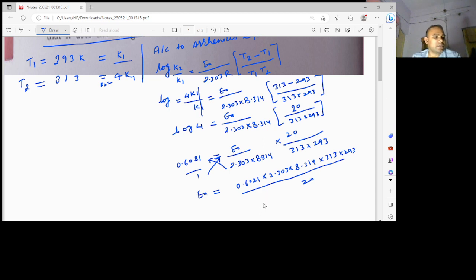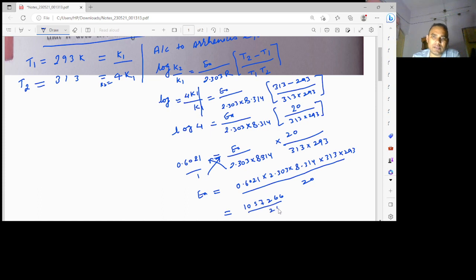Now let us see the calculation. The numerator comes to 1057266, and we divide this by 20.